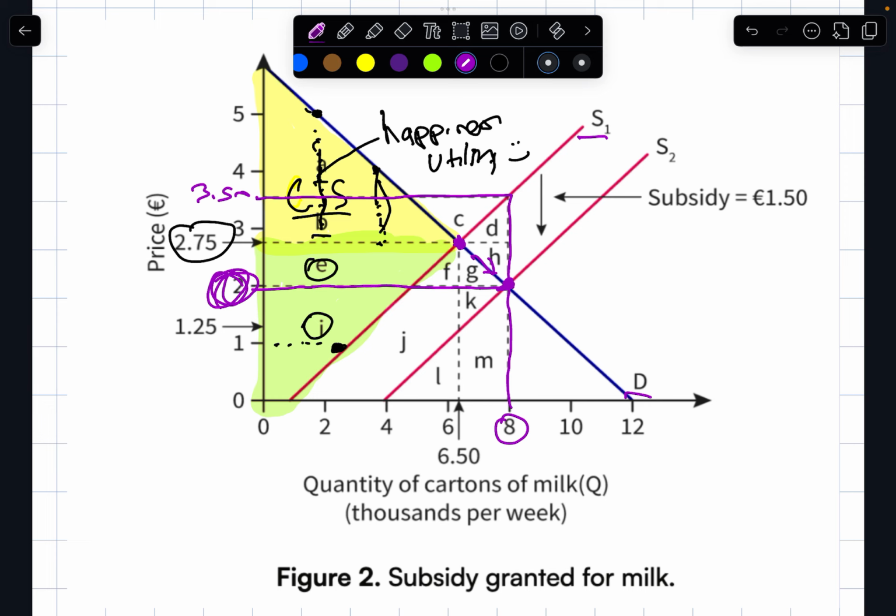So now it goes beyond just the E and the I. We also have B and C, these 2 points, which used to be not in the producer surplus because they weren't selling at 350. They were selling at 275, and these people were not necessarily happy to sell at these prices. Now these people are part of the producer surplus, so we've added the area of B and C.